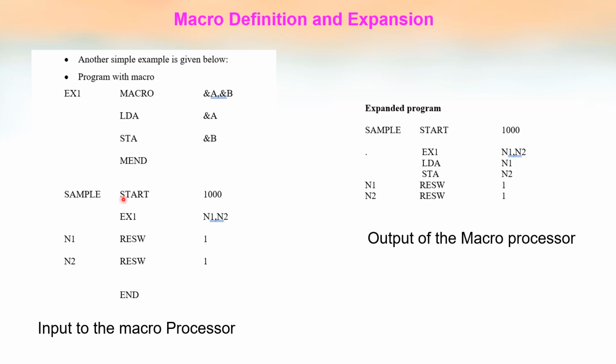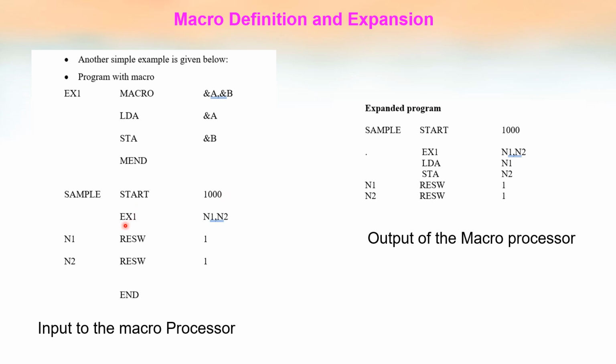And this is the main program. How do we identify the main program? With the START keyword. Sample is the program name, START 1000. We already know that any assembly language program has three fields. The first is the label field, the middle is the opcode field, and the right side is the operand field. With START, in the operand field, we give the starting address of the program.